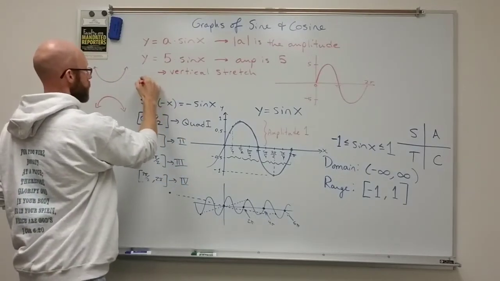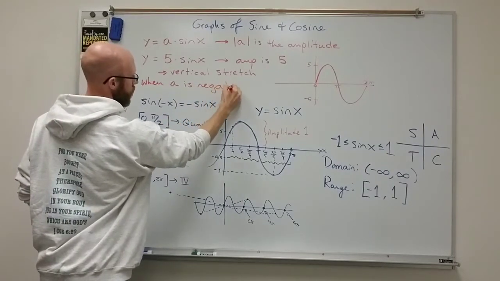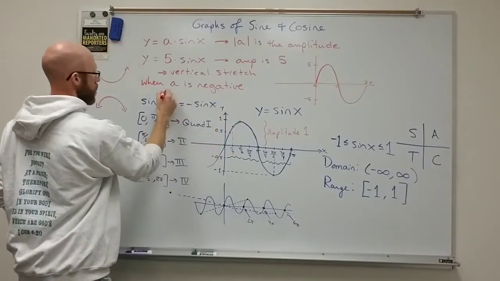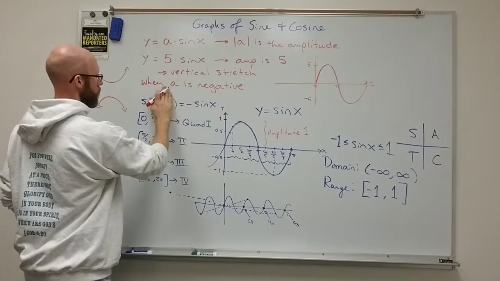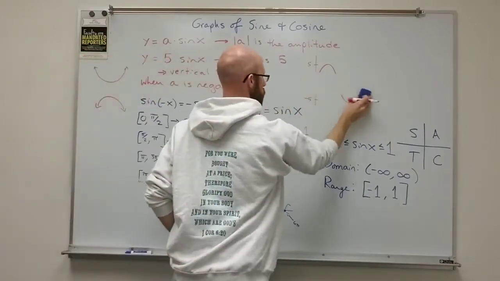So when a is negative, you have a vertical reflection.